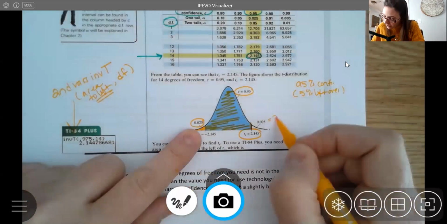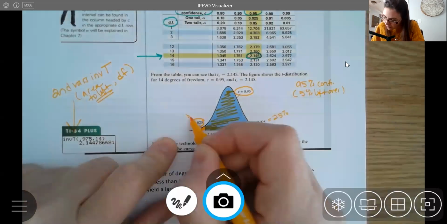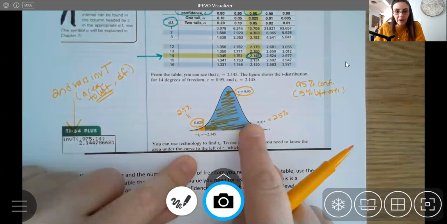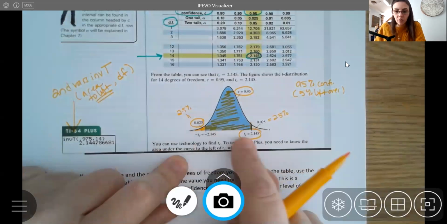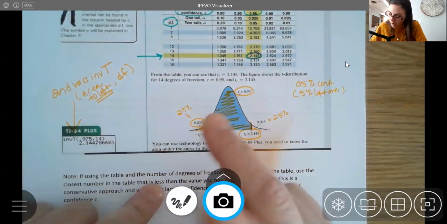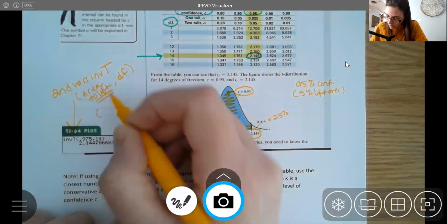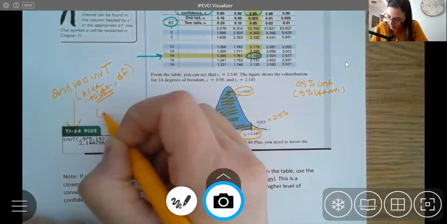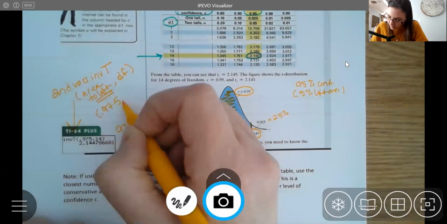So you have 2.5% on the right tail and 2.5% on the left tail. So the area to the left of this critical value is 95 plus 2.5. So our area in this case is going to be 97.5%, which ends up being 0.975.